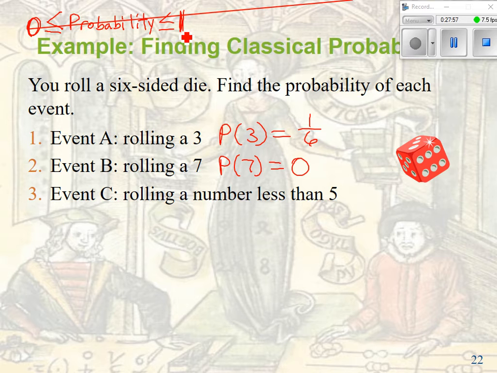The lowest it can be is 0. What's the probability of 0 tell you? The event can't happen. What's the probability of 1 tell you? It's always going to happen.